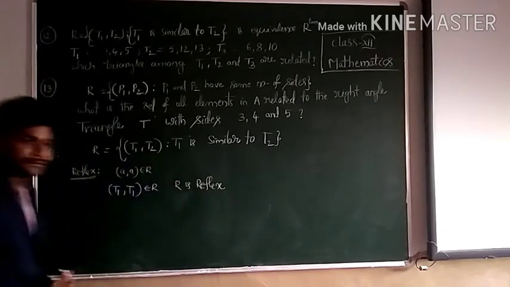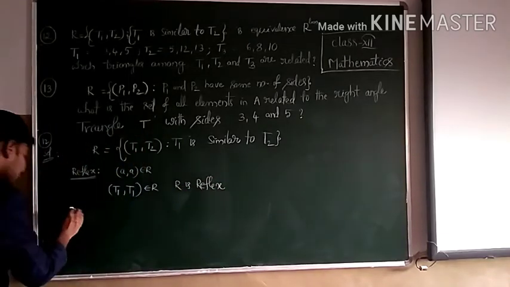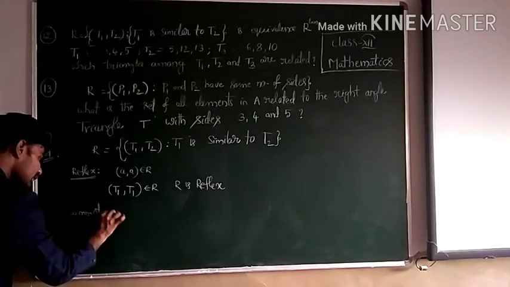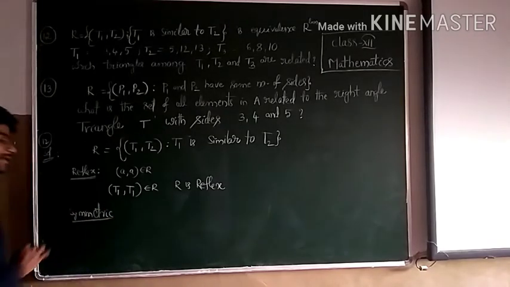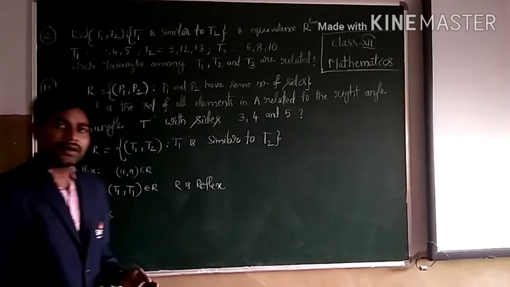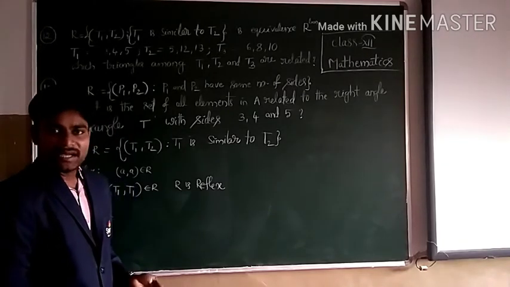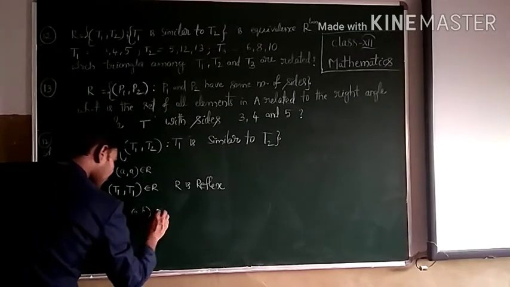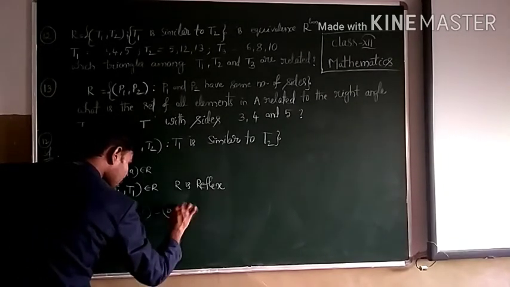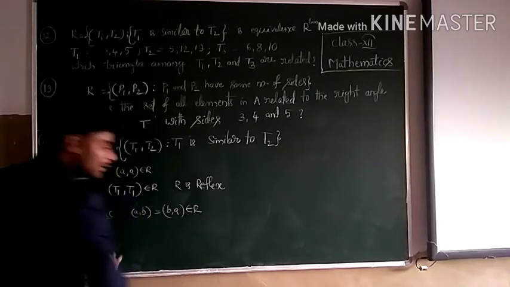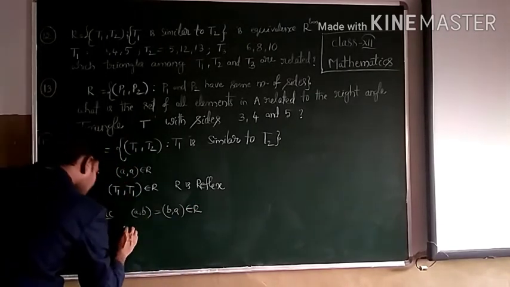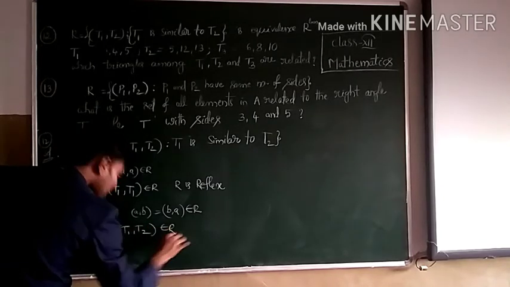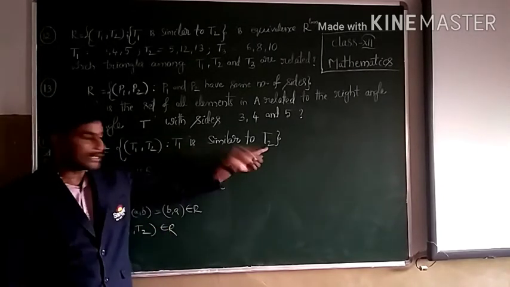Clear? Next, is it symmetric or not? Symmetric relation says that if (A, B) belongs to R, then its reverse (B, A) also belongs to R. Now (T1, T2) belongs to R, that is already given: T1 is similar to T2.